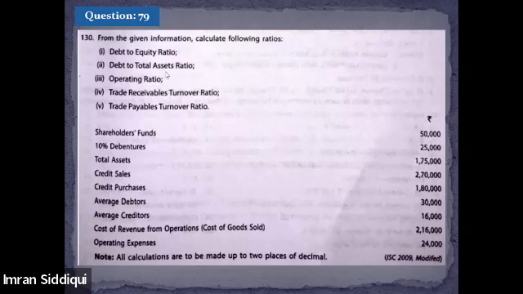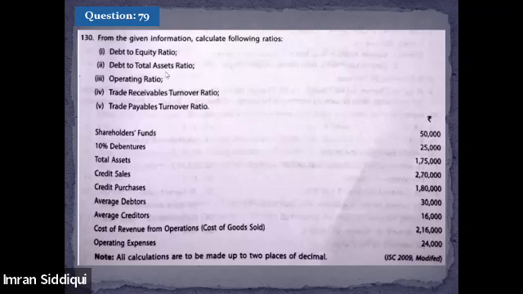Total debt divided by equity. And the total debt is 25,000, and equity is 50,000. Yes, so 1:2 is the right answer.